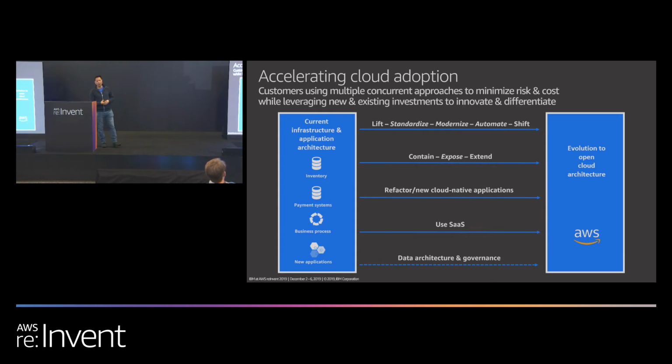Now, here's a little bit of our point of view when it comes to modernization. From top to bottom, look at your existing inventory of applications you want to modernize. You can contain or expose them through things like APIs or connectors, and expose those as more cloud-friendly APIs, so your innovation-side applications can invoke them.